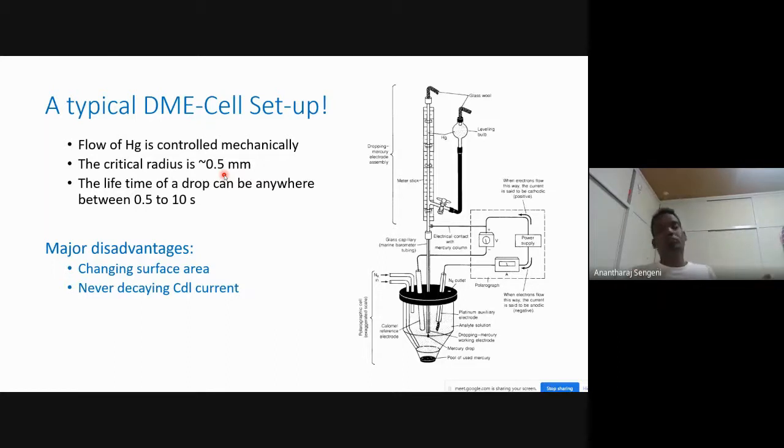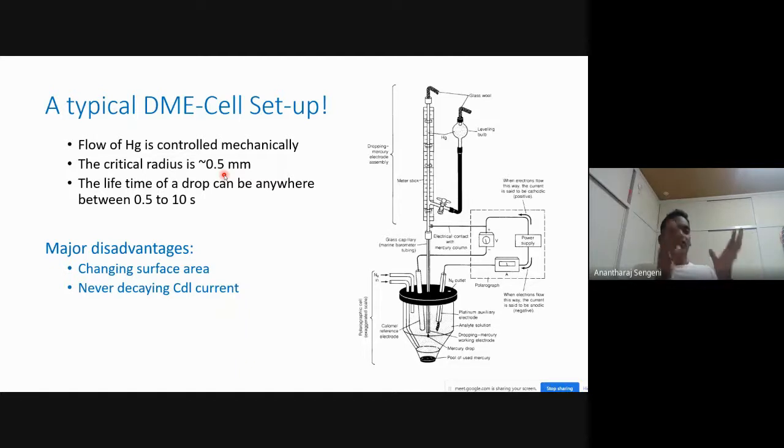Suppose you are performing a chronoamperometry experiment with a mercury drop electrode. Initially the drop is smaller, so the area is also smaller. You observe a small current, but when the drop size increases, the area also increases, so you will see larger currents. So with the changing surface area, you will see increasing current.